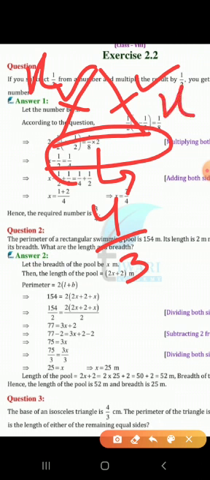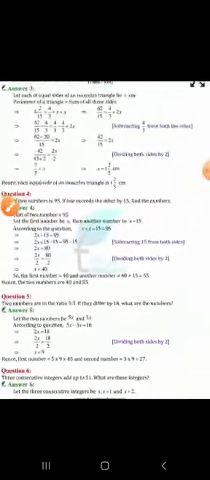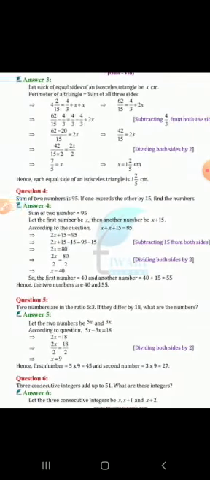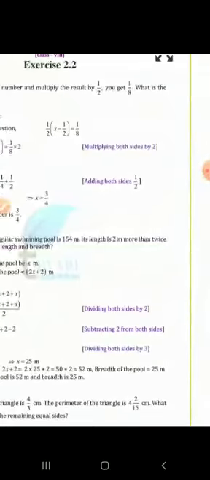Now the perimeter is given, so we will put these values in the formula of the perimeter. Perimeter simply means the sum of the lengths of all three sides of the triangle. So let us add up the three sides. The perimeter is given as 4 whole 2/15 centimeter.